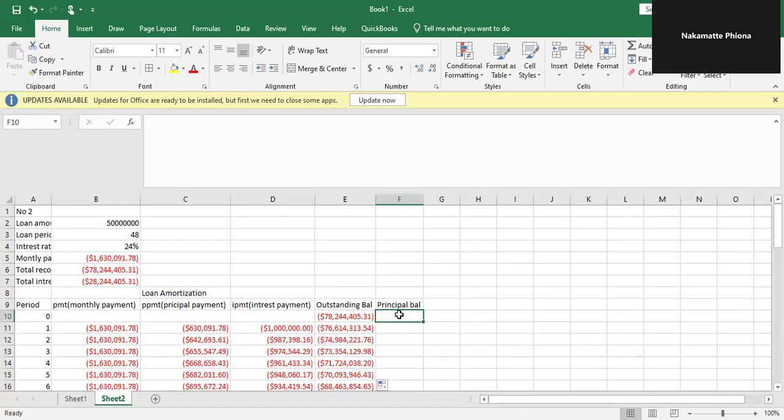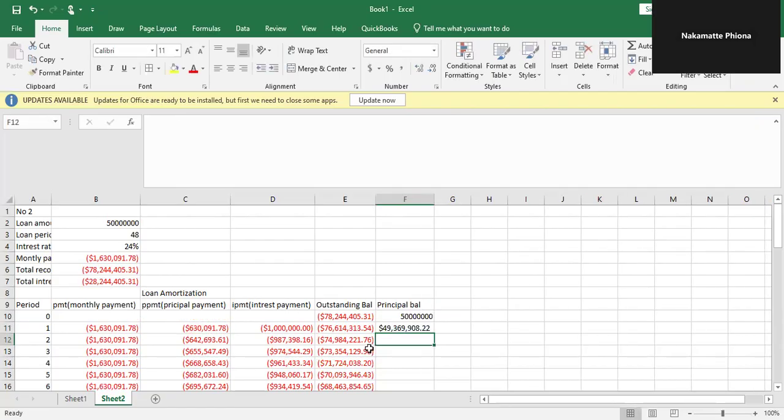Of our principal has been 50 million, for the first period it will be principal plus the PPMT, because it is negative, so we have to add, and enter.